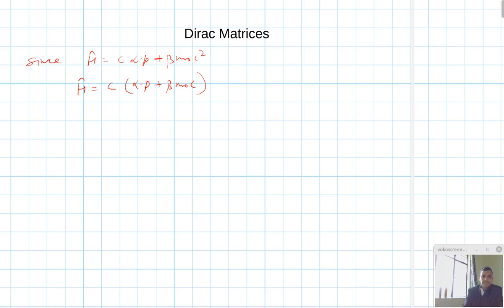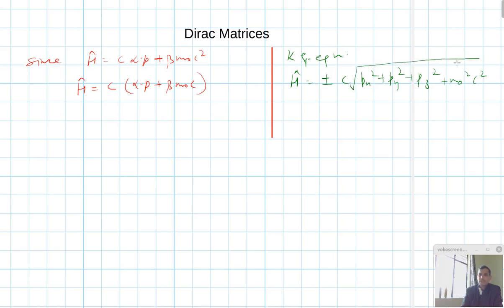So let me go to the Klein-Gordon equation now again. According to the Klein-Gordon equation, as we have evaluated, the Hamiltonian is equal to plus minus c times the root of px square plus py square plus pz square plus m naught square c square.